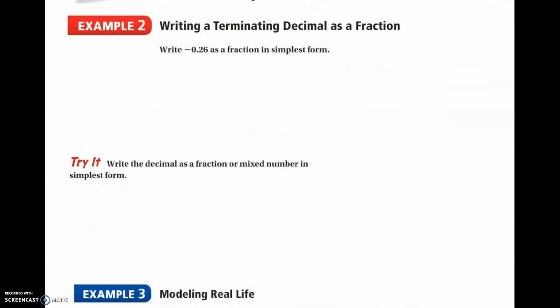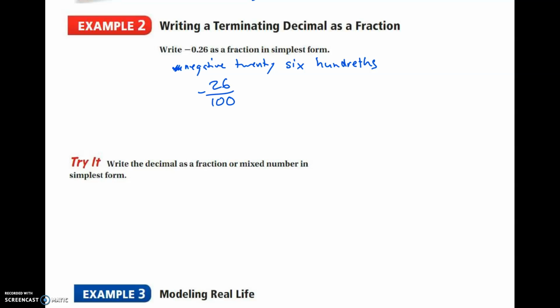So writing this one, a terminating decimal, as a fraction: we would say this as negative, not negative 0.26, but negative, how would we say that? We would say this as negative 26 hundredths. So we would write it as negative 26/100, right?